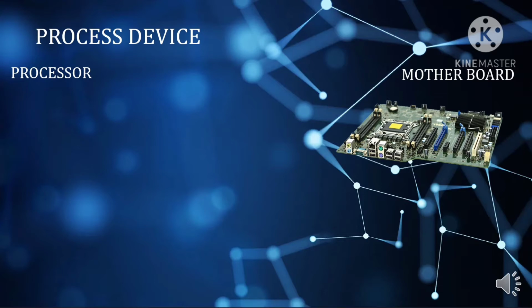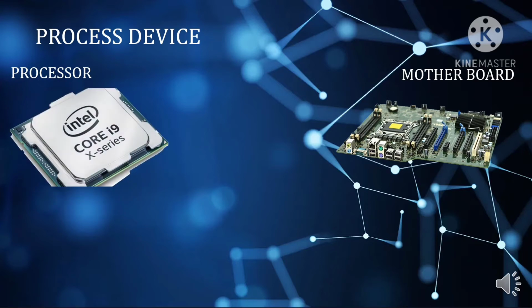The processor is also known as the brain of a computer. The last, power supply. Power supply is a computer component that functions to convert AC current or voltage into DC current or voltage and distribute it to various other components in the CPU.